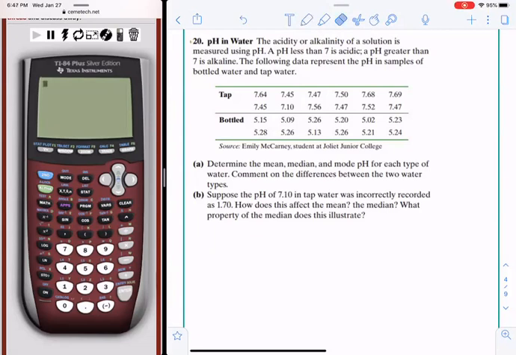So there are differences between the tap water that we consume and bottled water. And here they have a sample that compares tap water and bottled water. And we want to find the mean, median, and mode for each type. And let's see if we can make an inference.